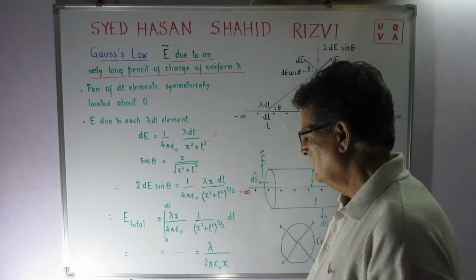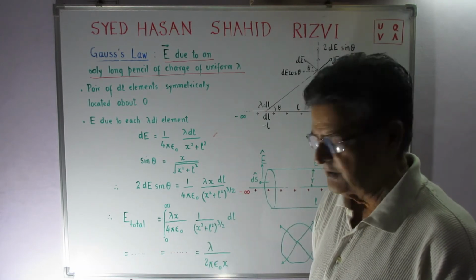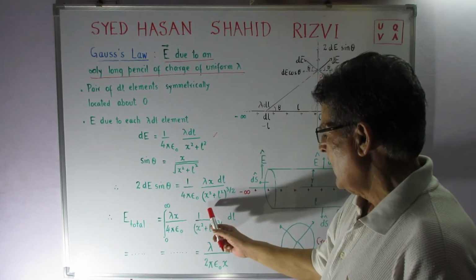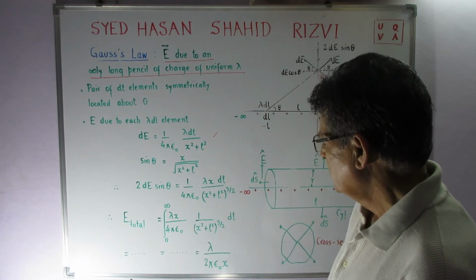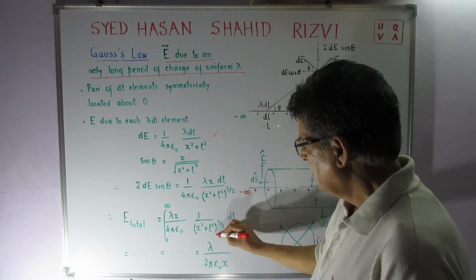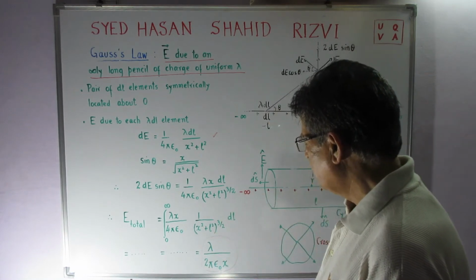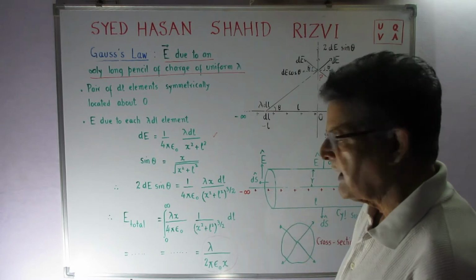It's not so difficult that I cannot solve it. But when we solve various steps out of this 0 to infinity dl, after many steps I find this result: lambda upon 2 pi epsilon naught x.